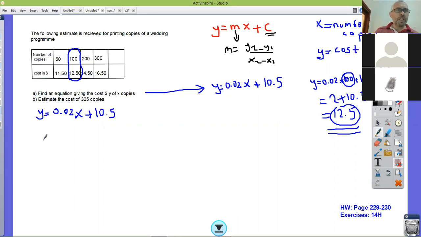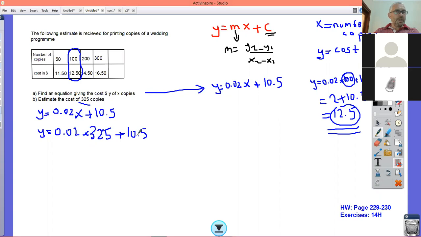Now Y is equal to 0.02 multiplied by the number of copies, 325. Sorry for my writing, because I am using a mouse and it's not sensitive for writing.